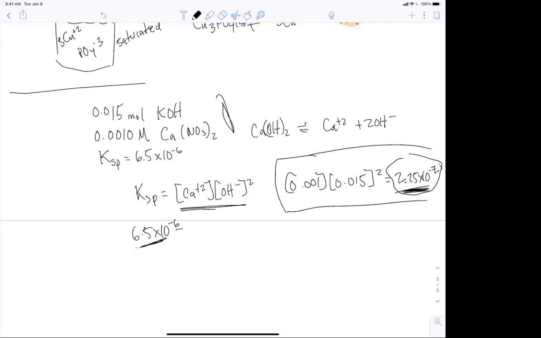But up until that point, it's soluble. Does that make sense? You could call this Q. I try to avoid the Q thing, but that's basically how the solubility works.